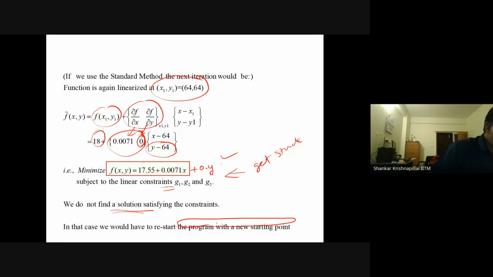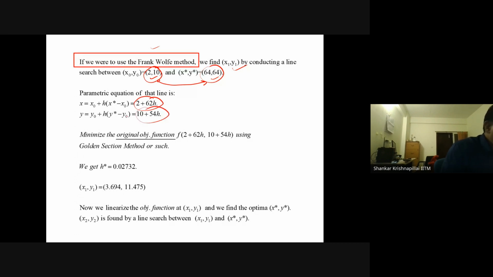Okay, so now if you were to use the Frank-Wolfe method, the situation is different. Okay, so we find x1, y1 by conducting a line search between this 2, 10 and 64, 64. Okay, so you have to obtain the parametric equation of the line joining 2, 10 and 64, 64. So this is the parametric equation of the line joining 2, 10 and 64, 64.